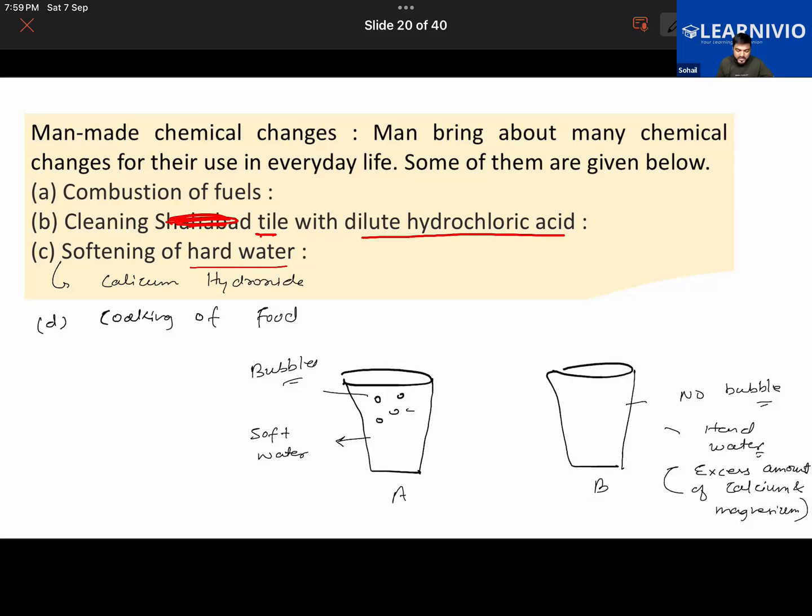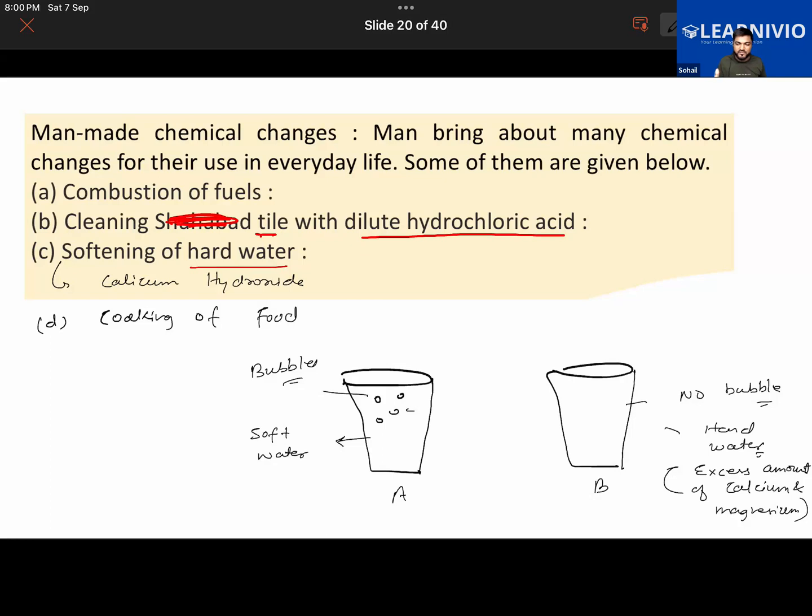So it is important that if the water in your house is hard water, containing excess amount of calcium and magnesium, that water should be treated with the help of calcium hydroxide. It will become soft, so it will be good for the skin and for the hair. Otherwise, it can lead to so many problems. Also, many times we observe a deposition of a layer in the bucket.